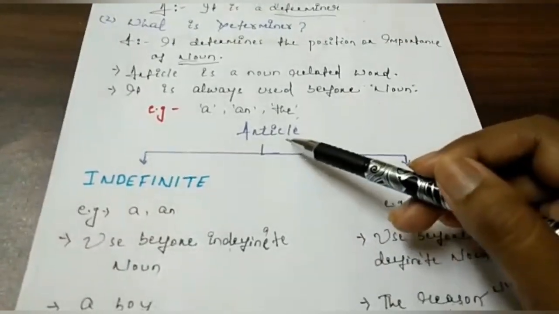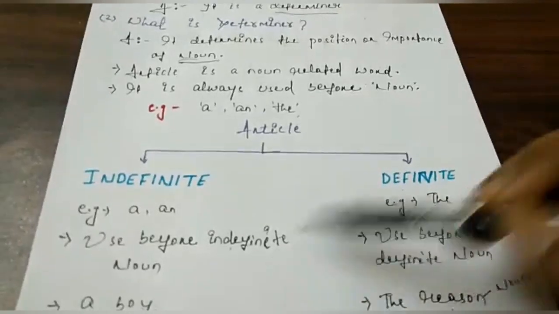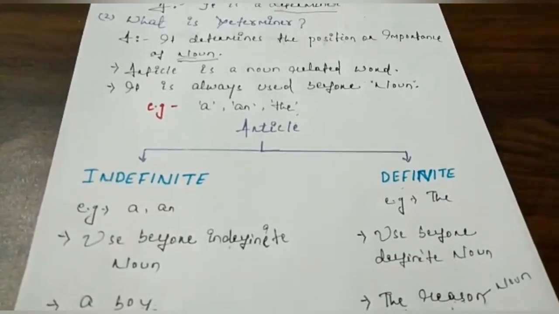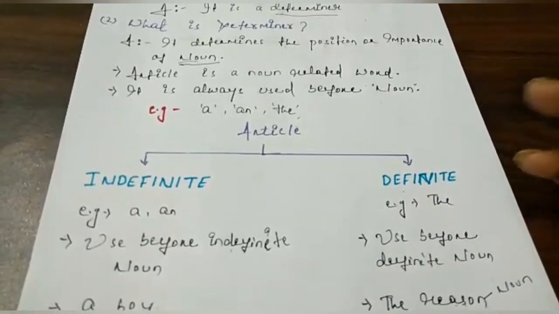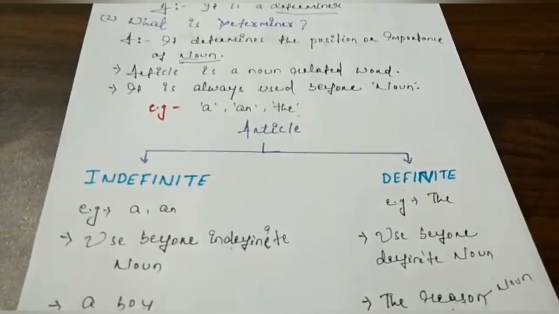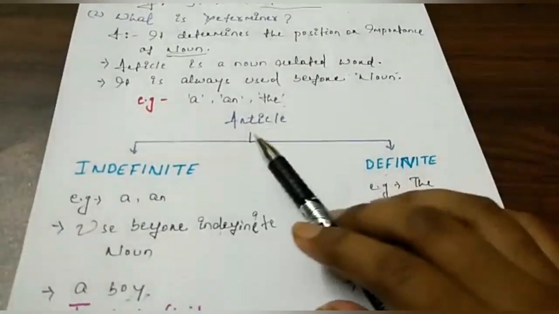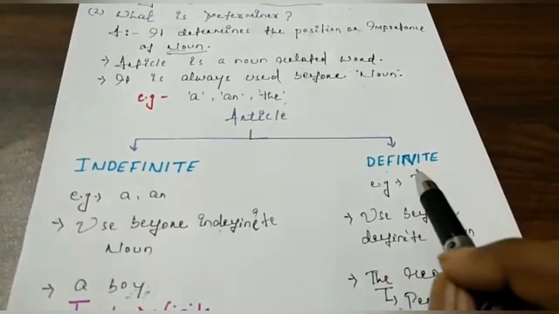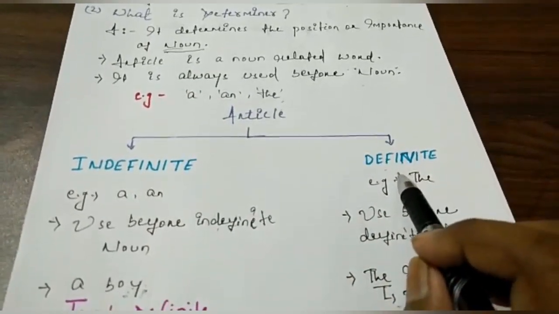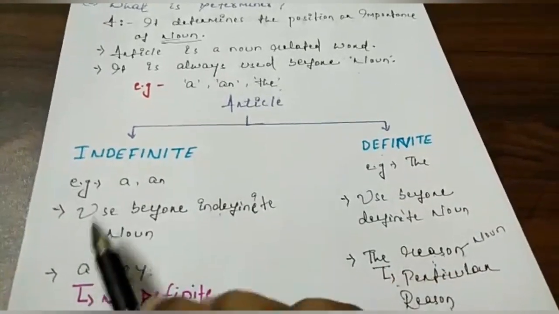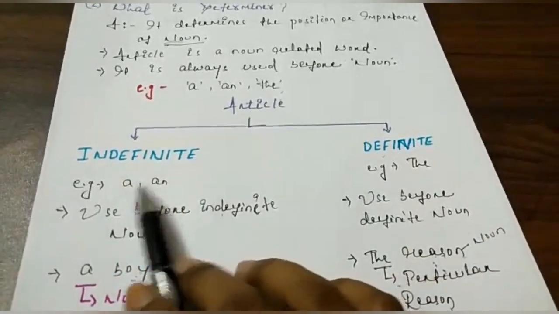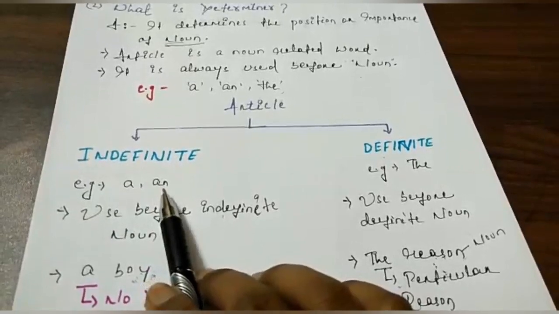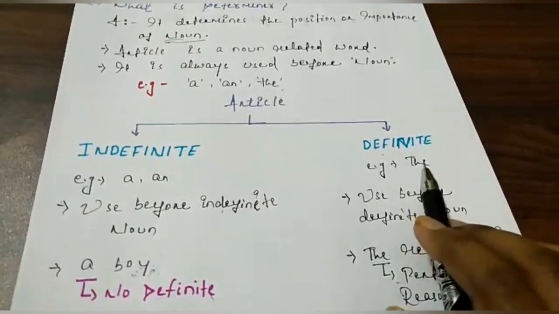So first I have divided article into 2 parts so that we can understand the use of these articles. Article is divided into 2 parts: first is indefinite article and second is definite article. Under indefinite article we have a and an, and under definite article we have the.